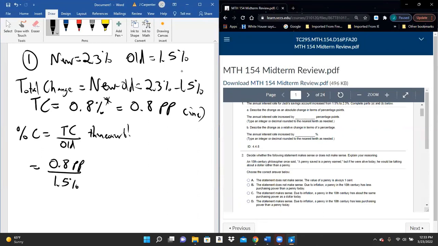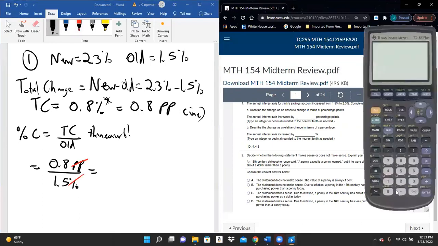Now, even though percentage points and percent, I'm not saying the same words, I didn't write the same thing, those are the same thing. They're just named differently to help you distinguish the difference. So those two things will cancel, and then we can just do 0.8 divided by 1.5.